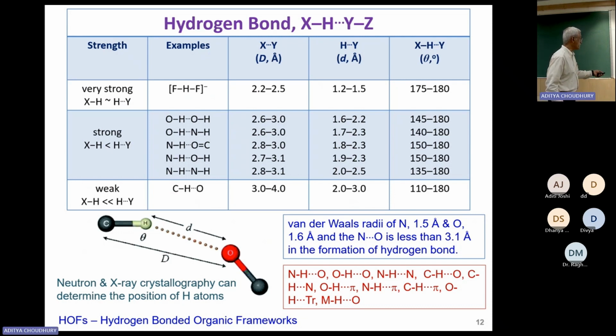I put in X and Y here, but you have NHO, OHO, NHN, and so many CHO, CHN, even OH pi, NH pi. There are so many interactions present. I can talk about it for hours and hours, but I don't have time, so I'm not going to. If you're interested, there are so many reviews, books, and chapters available dealing with different types of weak interactions.